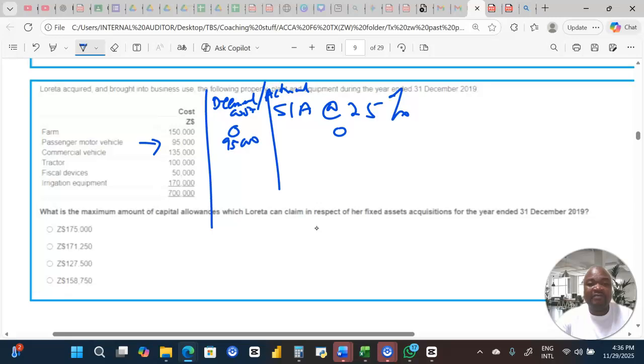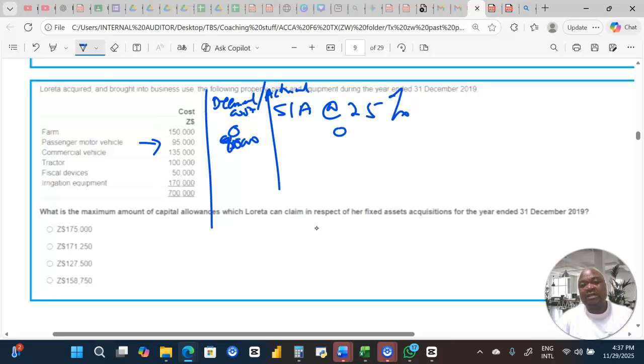So any amount above that is not going to be entertained for capital allowances purposes. If we use 95,000, then we are not going to see the answers there. This is why I said for the purpose of learning, let us use 80,000.